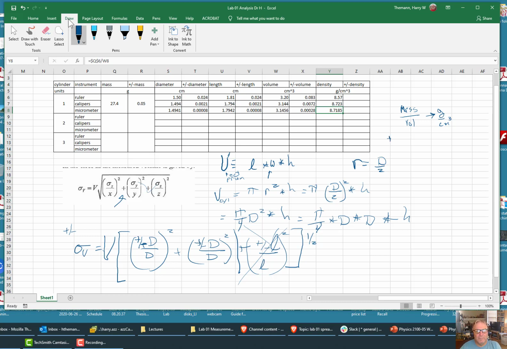So anyways, the plus minus on density, and to save space, I'm going to use the symbol for density, rho, equals the density times the square root of the plus minus mass divided by the mass, squared, plus the plus minus volume divided by the volume, squared.